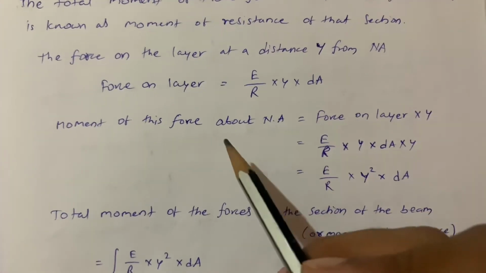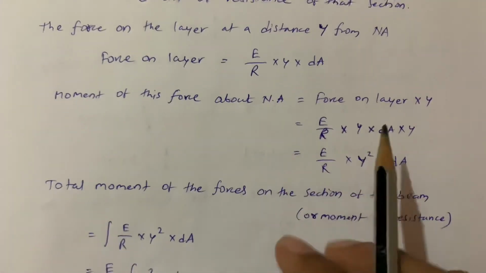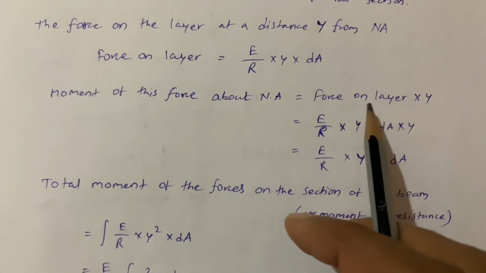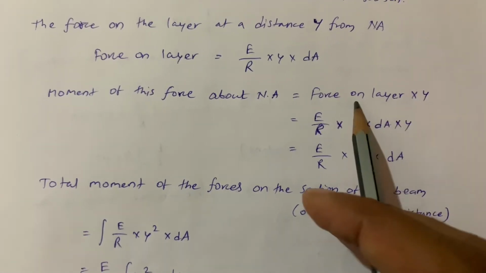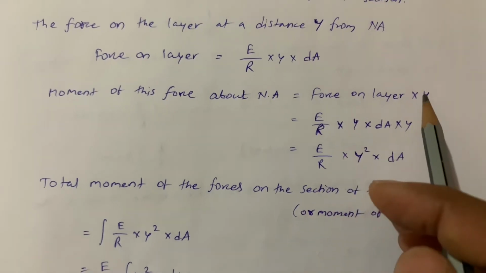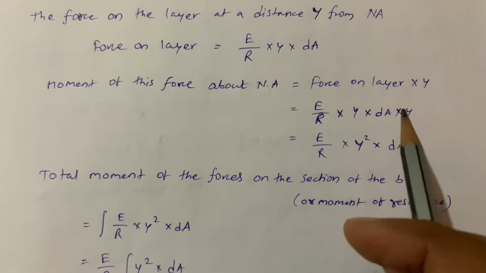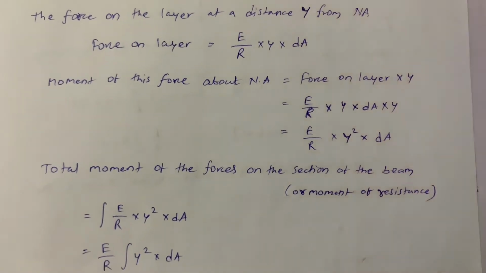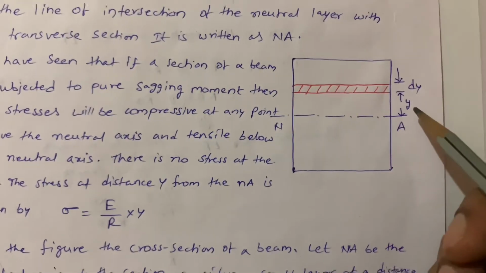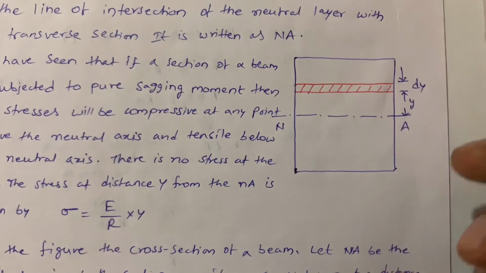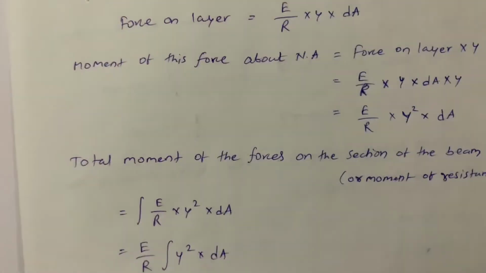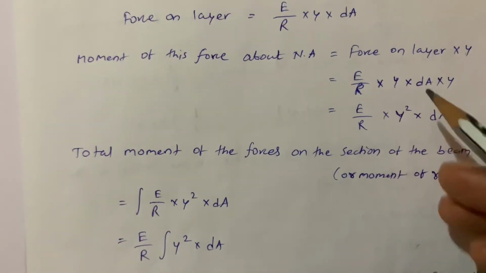The moment of this force about the neutral axis is the force on the layer into Y, force into perpendicular distance. I'll show you: this is the perpendicular distance, and the force on this layer is E by R into Y into dA.